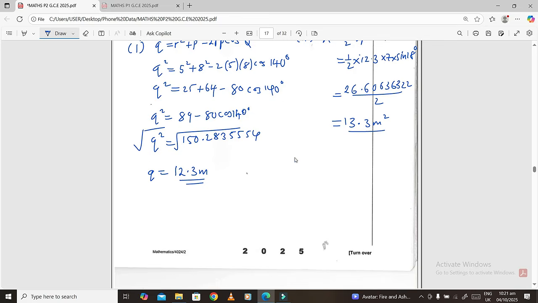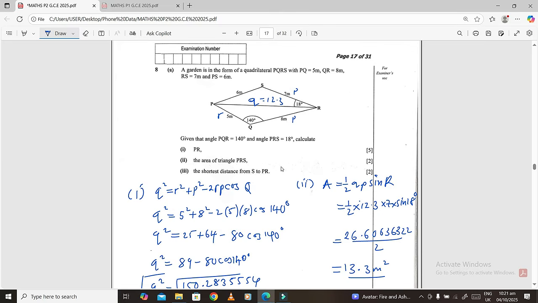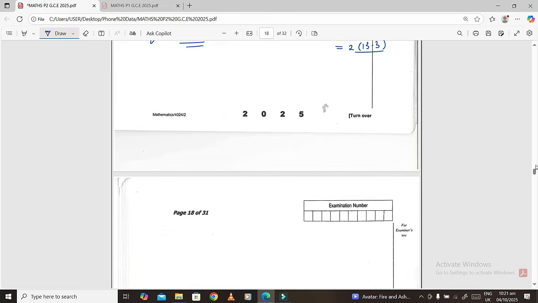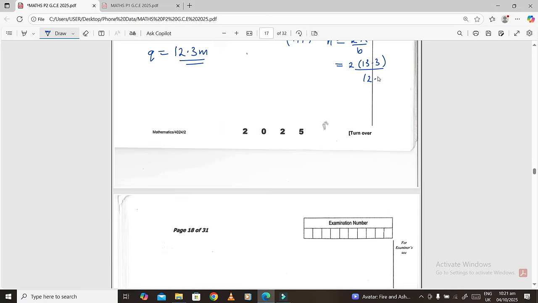For question 3, they're saying the shortest distance. So remember, the shortest distance formula must be h is equal to 2a over b. So our a is 13.3. The area over the b must be what has been mentioned here, from S to PR. So the length of these two letters must be b, which is 12.3.